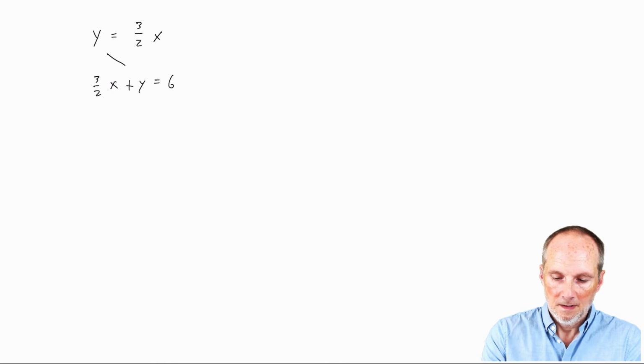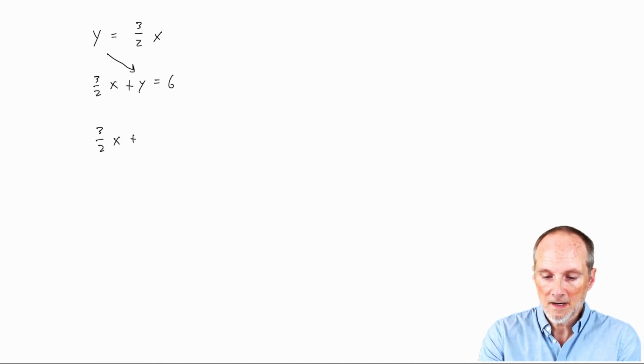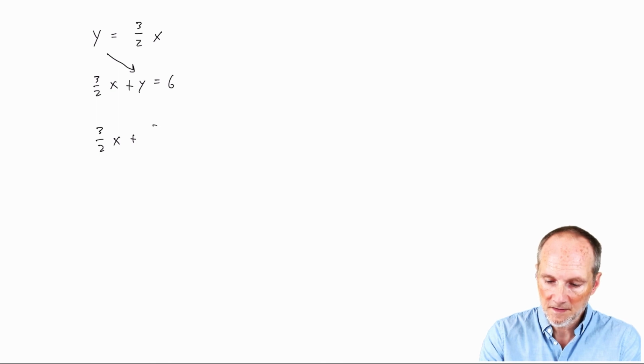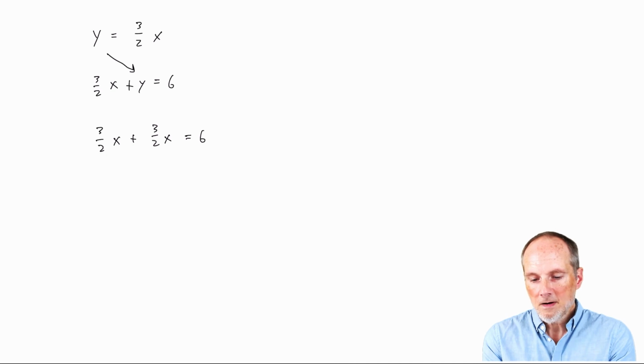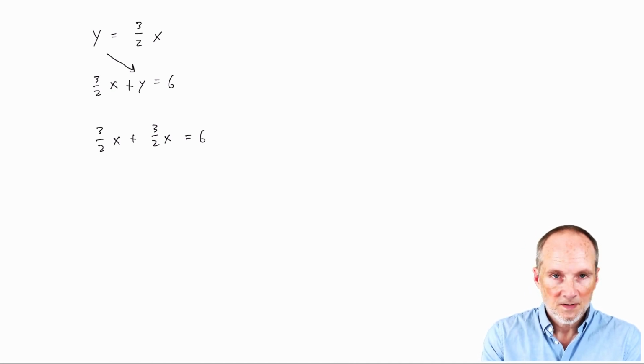Basically, we're going to rewrite this equation as 3/2 x plus, now instead of y, we're going to substitute in 3/2 x. And now we have just one linear equation with just one unknown.